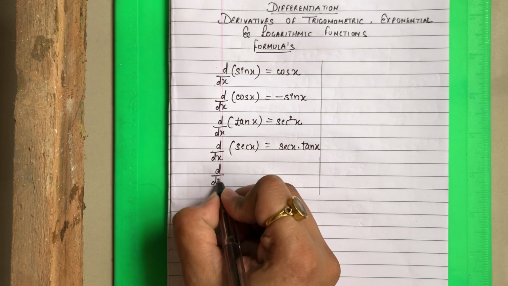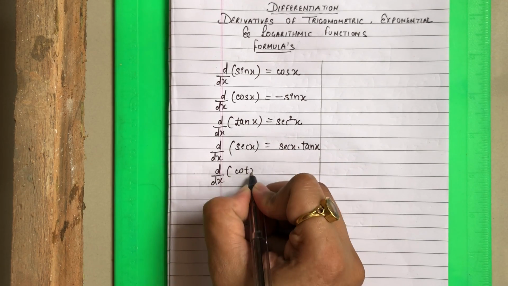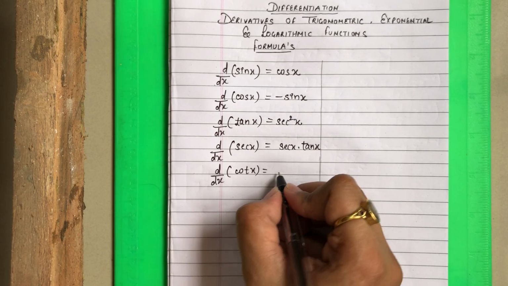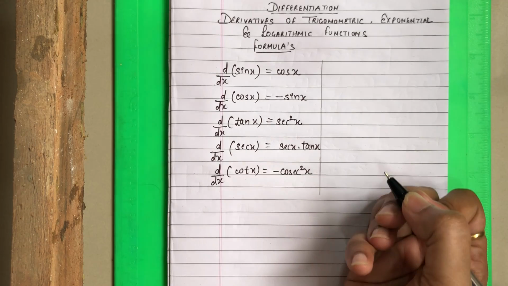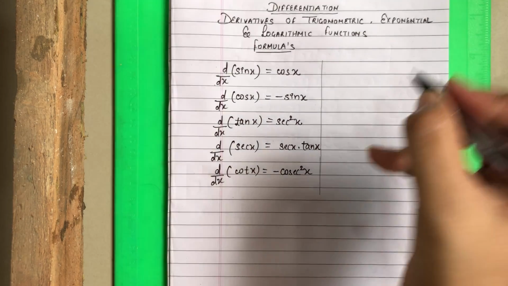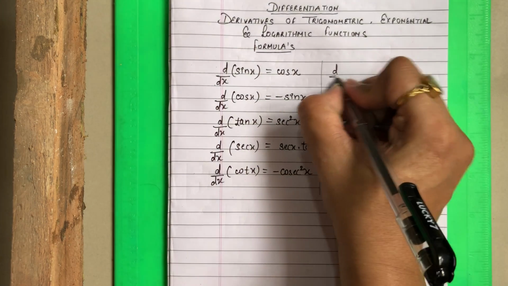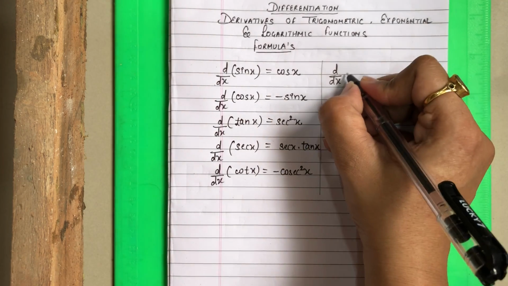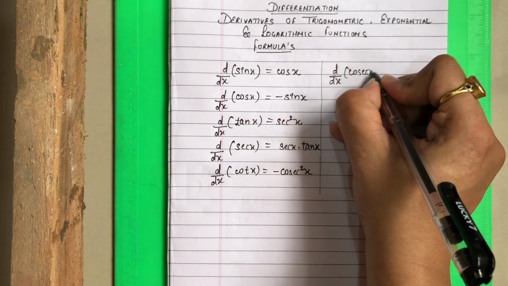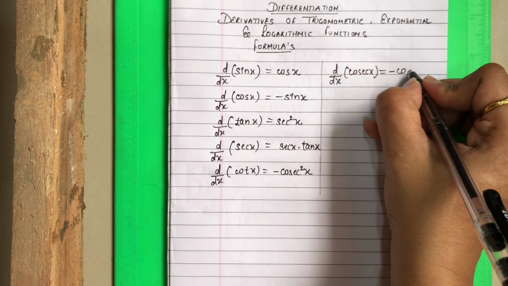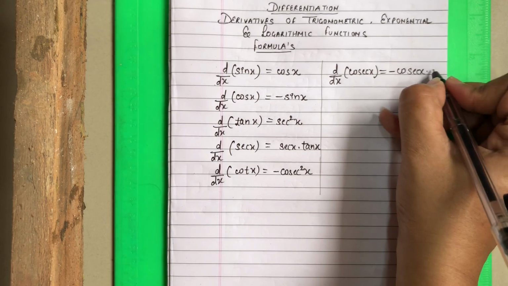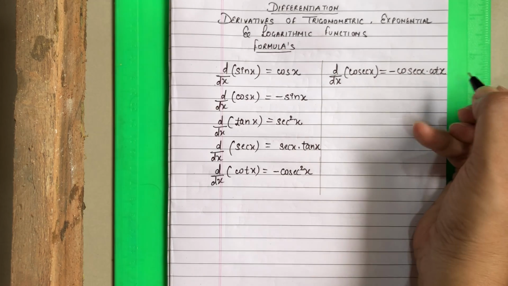Next is d by dx of cot x is equal to minus cosec square x. Then next formula is d by dx of cosec x is equal to minus cosec x dot cot x.